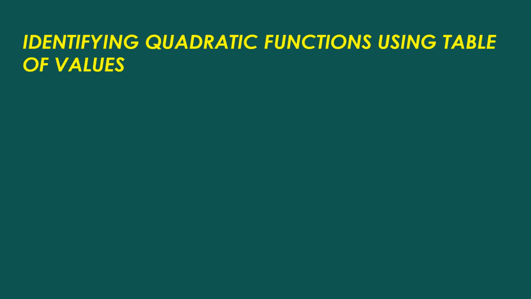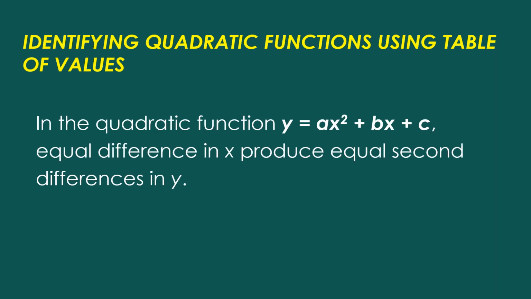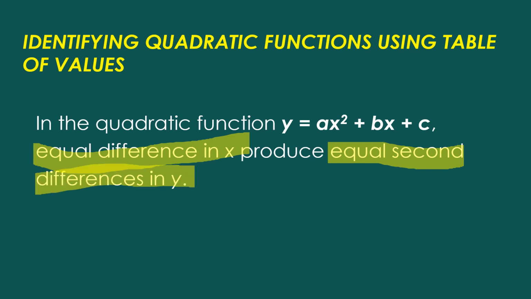Now, how do you identify if it is a quadratic function using table of values? In a quadratic function y equals ax squared plus bx plus c, remember that equal differences in x produce equal second differences in y.